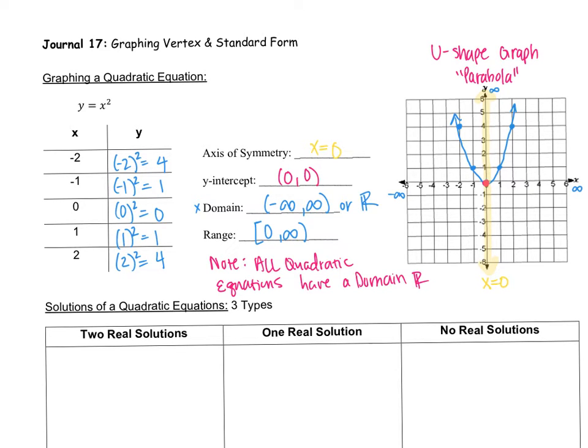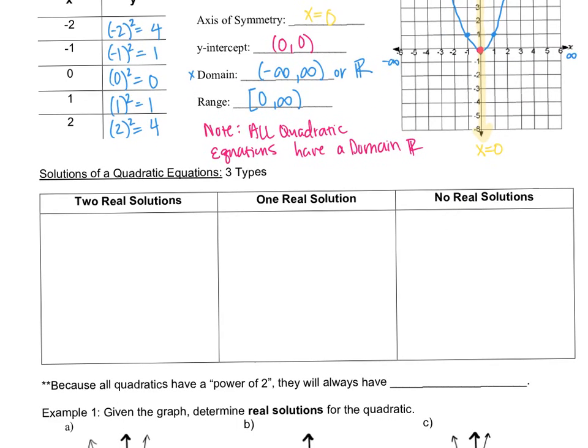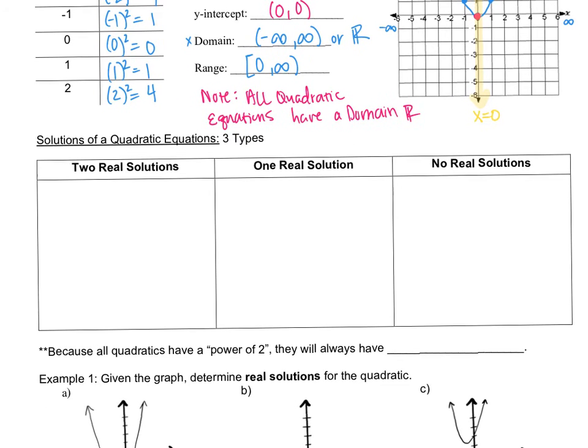Okay, so let's talk about types of solutions. Now, we've talked about types of solutions with systems of equations, where there are two solutions, one solution, and no solutions. With a system, you're looking at where the two lines cross, whereas with a quadratic, you're seeing where it crosses the x-axis. And I'll explain why you're focusing on the x-axis. So let's pretend we have a quadratic and it crosses the x-axis, as you can see here, at 2 points.